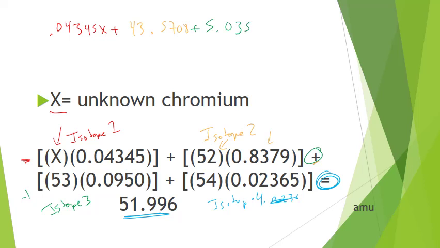And isotope 4, which is 54 times 0.02365, so plus 1.2771.